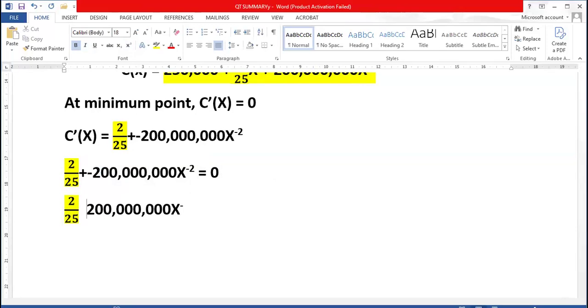So 2 over 25 is equal to this. This is power 2, so I'm taking this one to this side. It is a negative; when it goes to the right side, it becomes a positive.